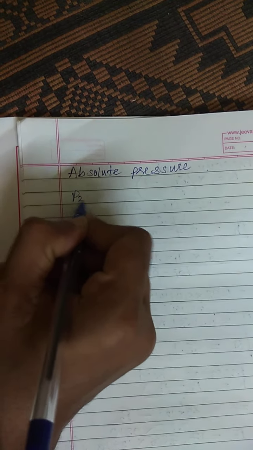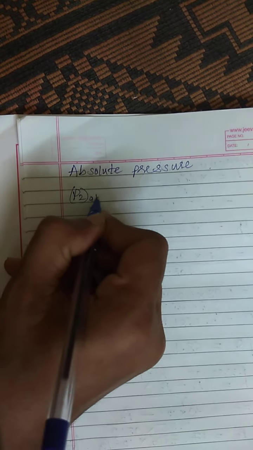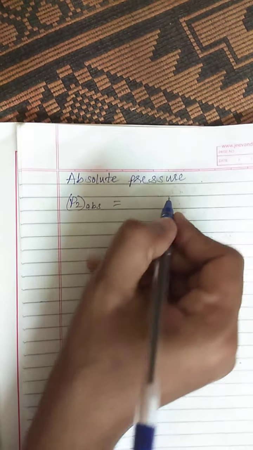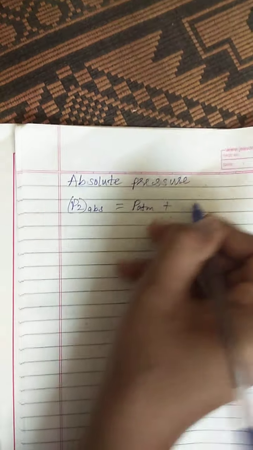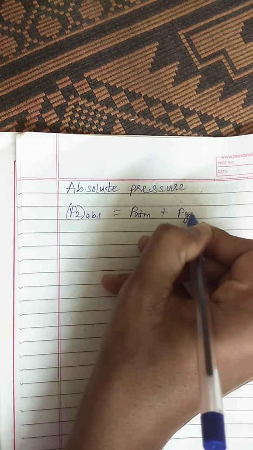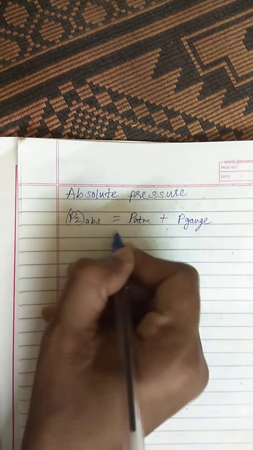P2 absolute pressure is equal to atmospheric pressure plus gauge pressure.